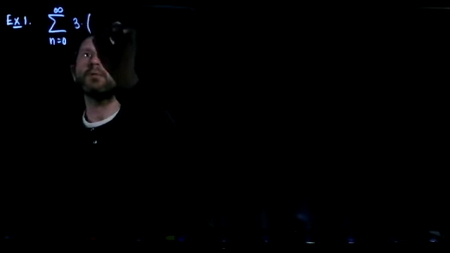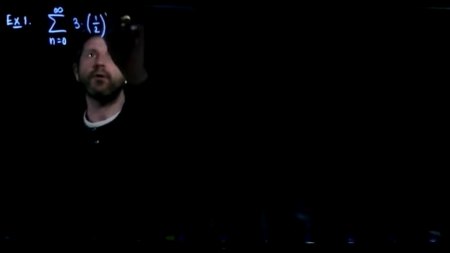So example 1, we'll start with easy ones and slowly make them a bit more complicated. First series: sum n equals 0 to infinity of 3 times 1/2 to the power of n.